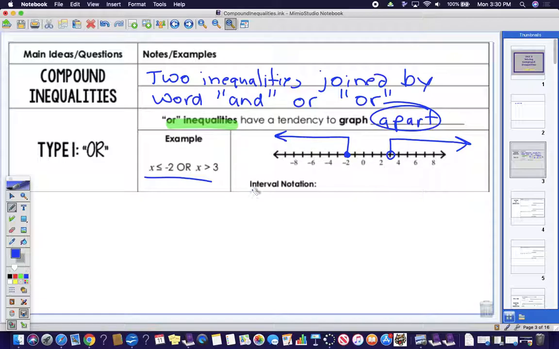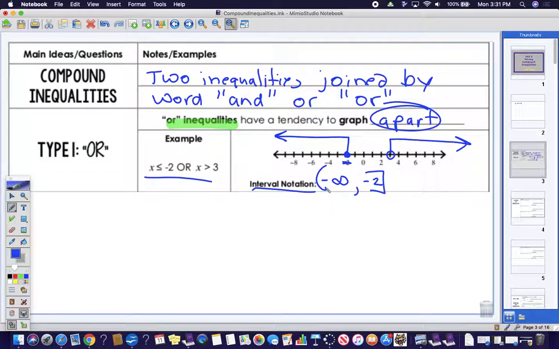Now we would need to show this in interval notation for the two graphs. This one has a closed circle on -2 and we're graphing left, so we have negative infinity, comma, -2, and then a bracket.